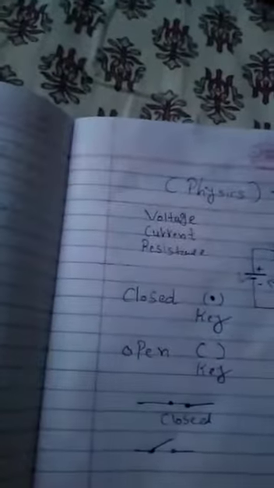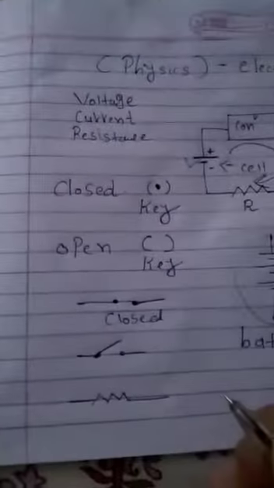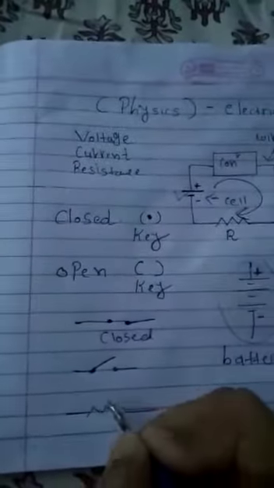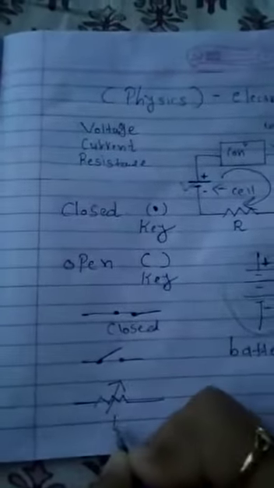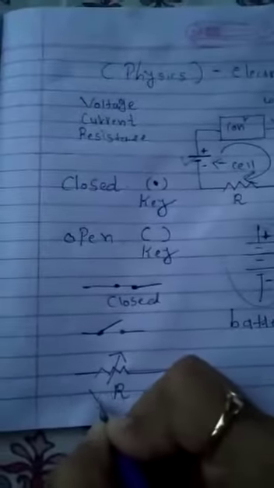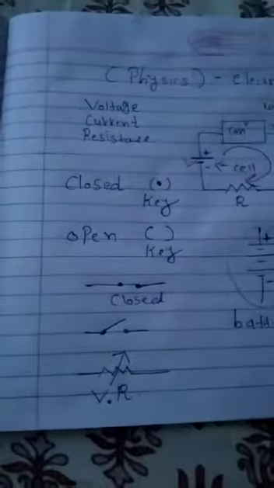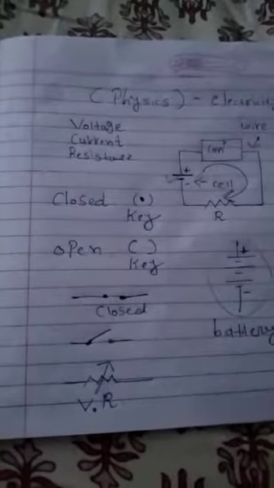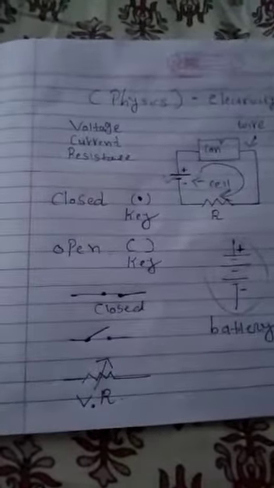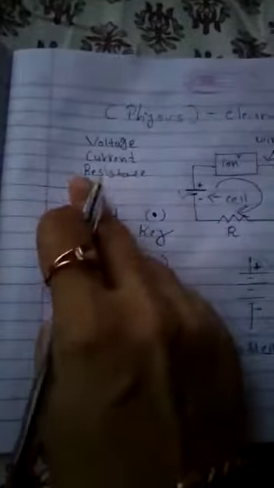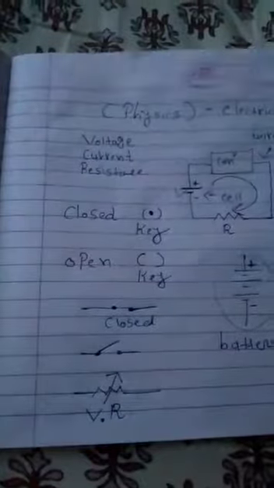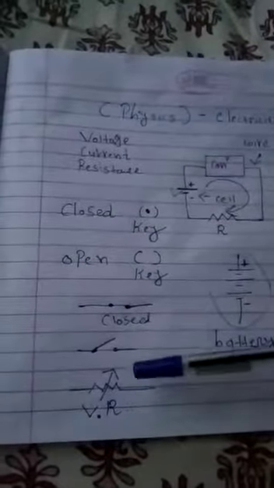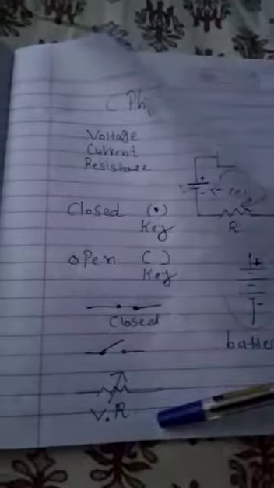If this is the symbol of a resistor and there is an arrow in this resistor symbol, then it's called a variable resistor. We are going to understand these 3 terms first, then we will understand the resistor and variable resistor. This is the symbol of a variable resistor.